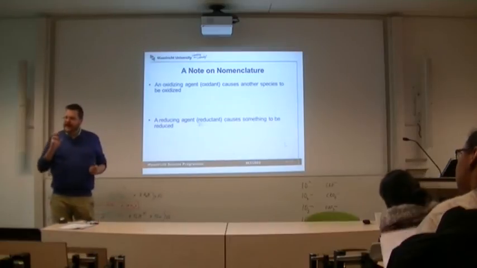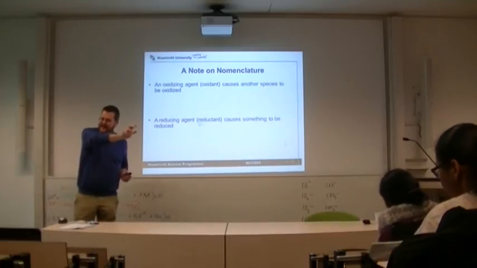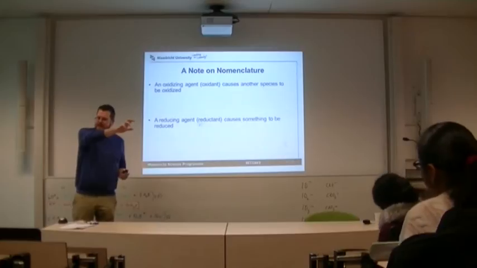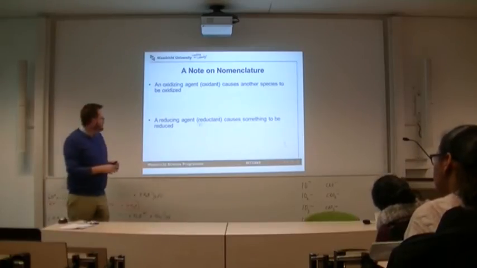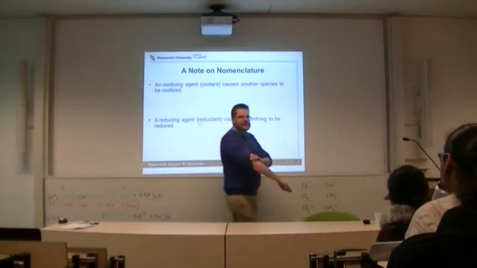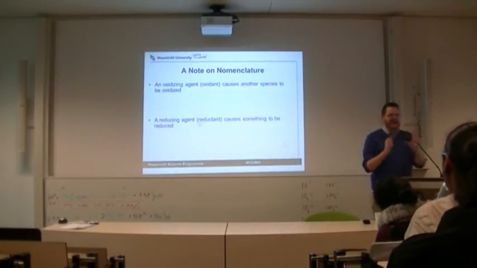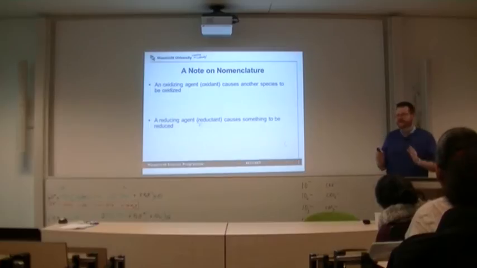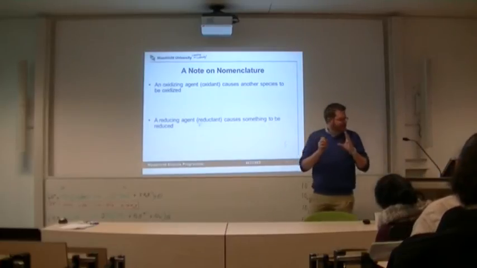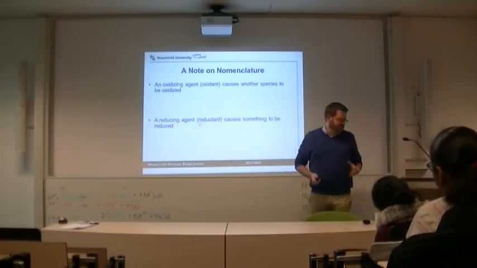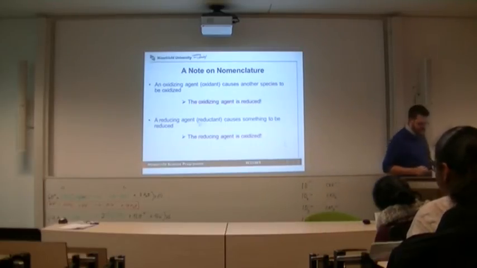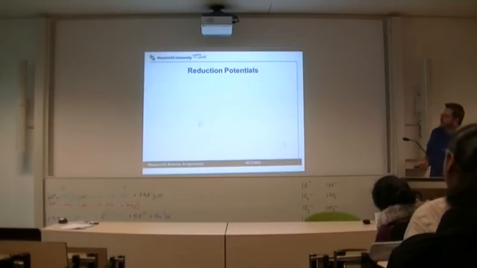So an oxidizing agent is oxidizing something else, which means, per definition, it itself is being reduced. And similarly, a reducing agent is a chemical agent that is reducing something else. It means, per definition, it itself is being oxidized. Don't get confused.